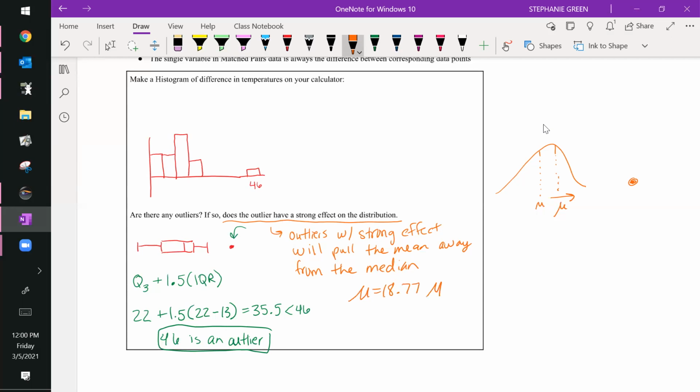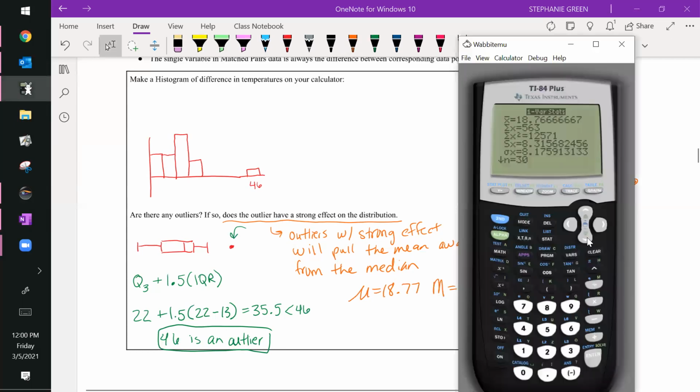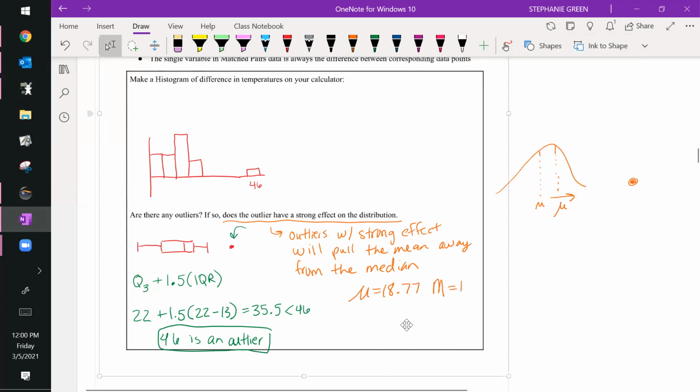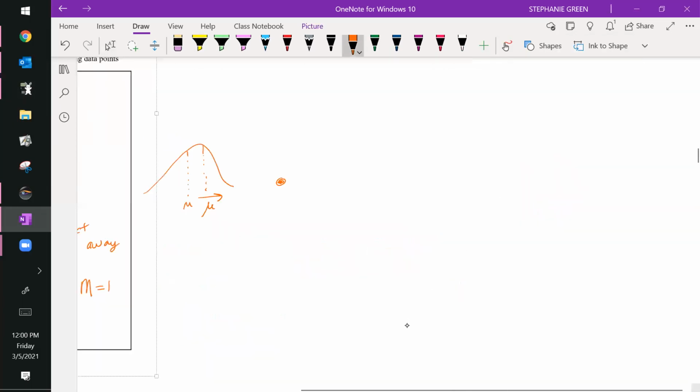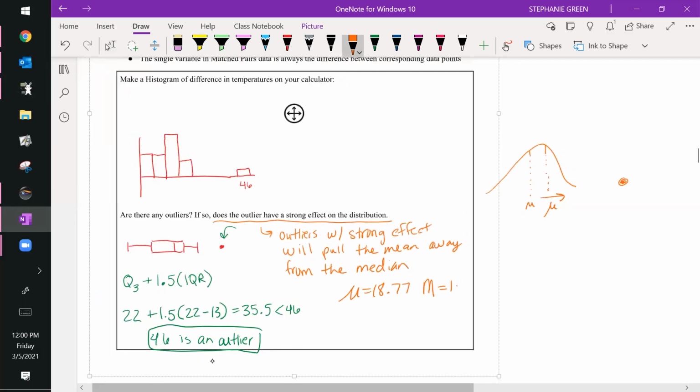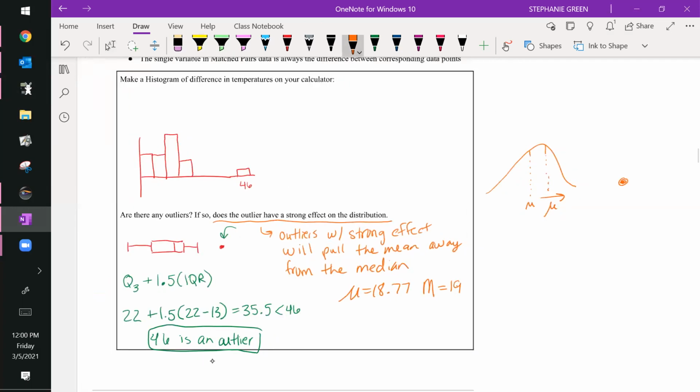It was almost the same. Make sure that's an M. M is, what did I say, 19? Did I say 19? Gosh, I forgot. Yeah, 19. So those two numbers, 18.77 and 19, are extremely close together.